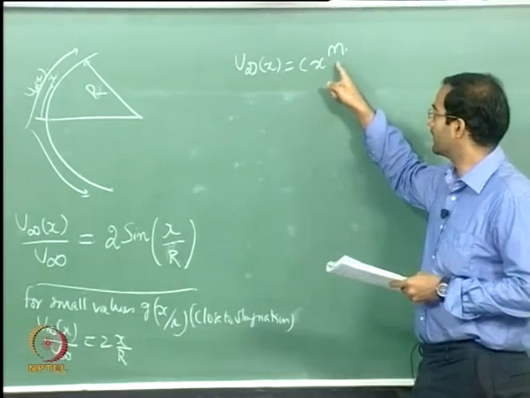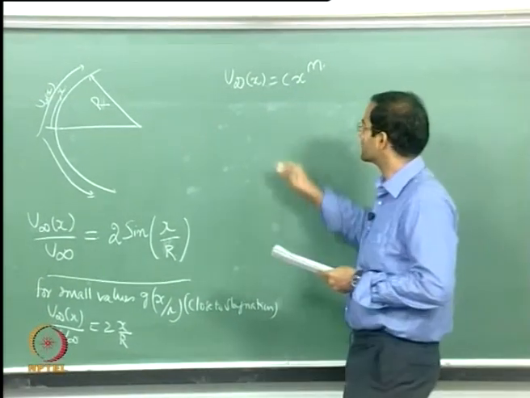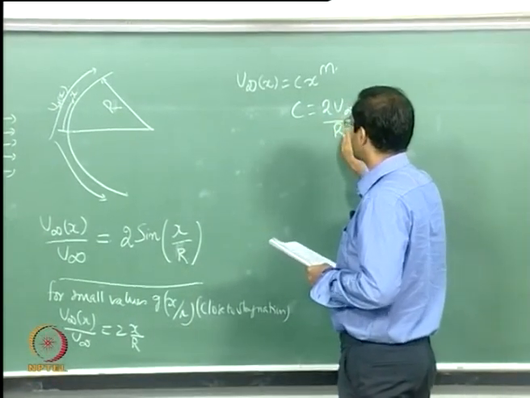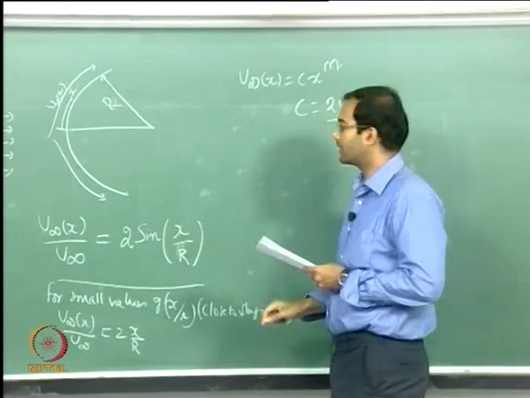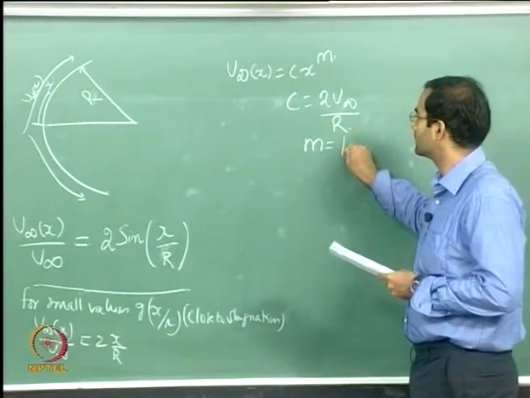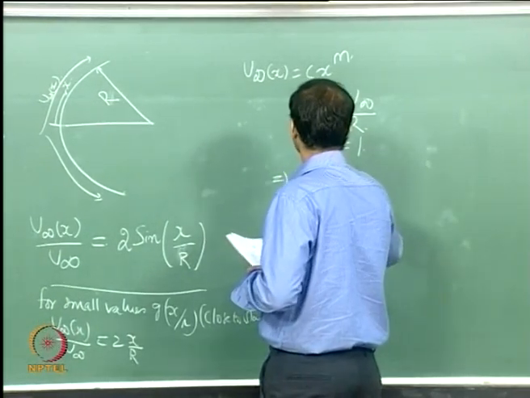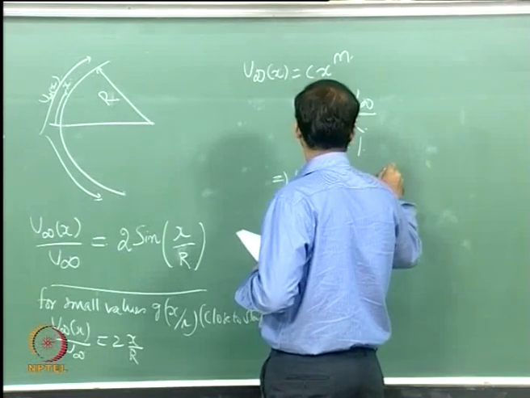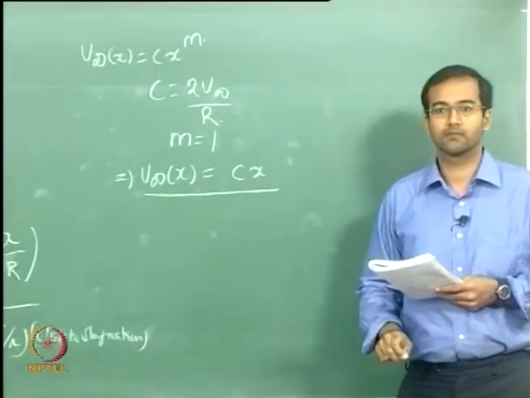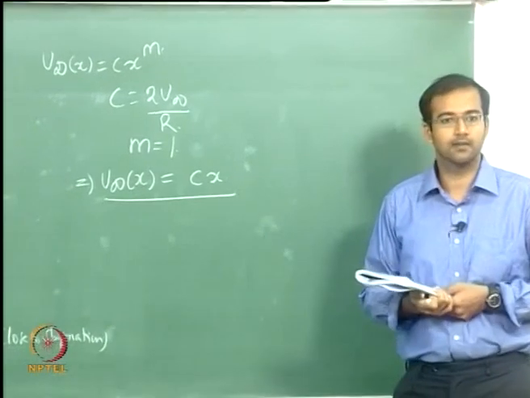What should be the value of m, what should be the value of c if you compare these two? c is equal to 2 u infinity by R. And what is the value of m? 1. So therefore this profile will be something like this.